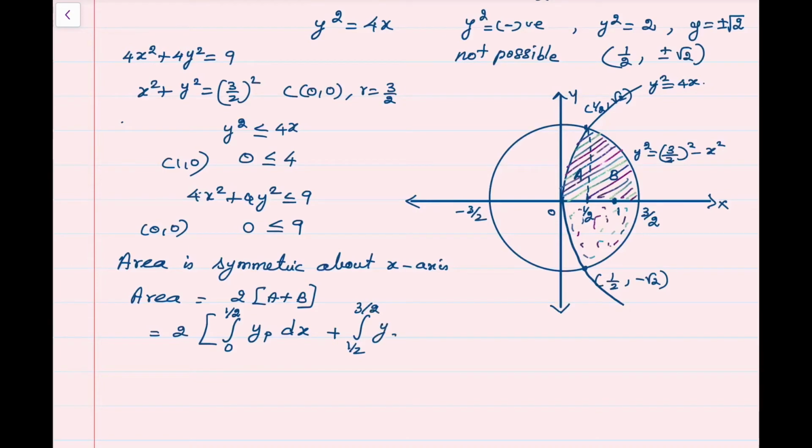Y of circle dx. 2 times integral 0 to half of, from the parabola equation, y is 2 root x plus integral half to 3 by 2 of, from the circle equation, y is square root of 3 by 2 the whole square minus x square dx.